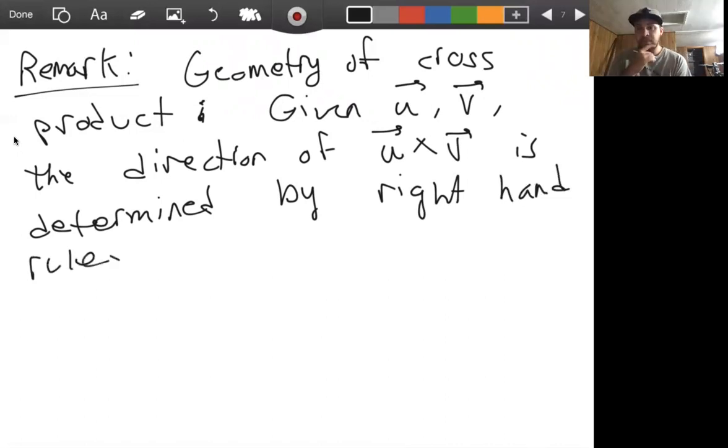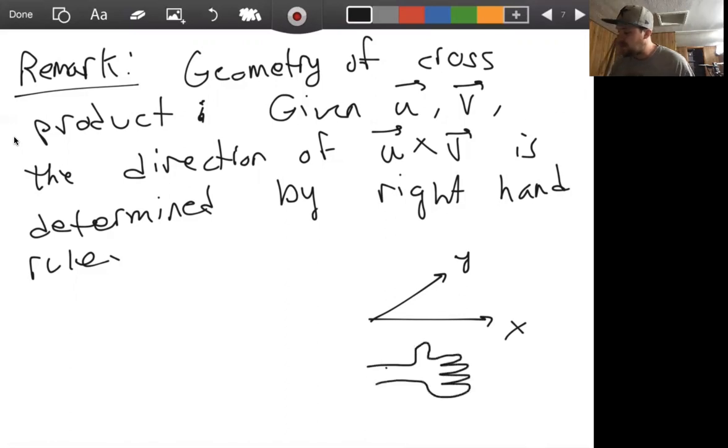And you'll remember in a few videos ago, I discussed what the right-hand rule was in terms of making sure that your coordinate system in three-dimensional space is correct. And remember, basically what we had was you take the x-axis and the y-axis, and you want to determine which direction the z-axis belongs. Well, you stick your hand in the direction. So I'll draw a hand here. This is the right-hand rule. You stick your hand in the direction of the positive x-axis, and you curl your fingers towards the positive y-axis.